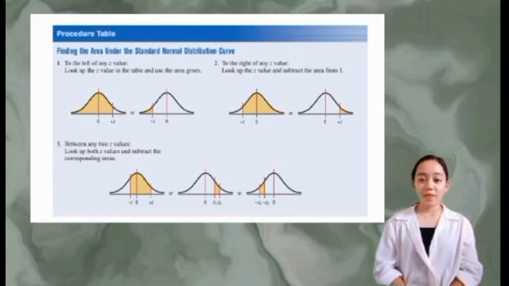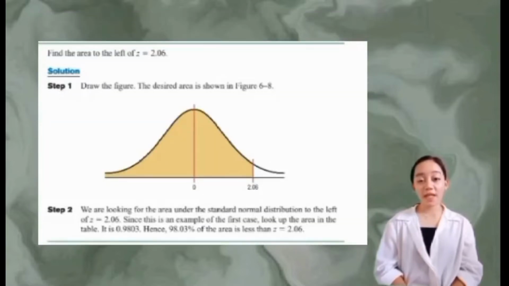Case 1. To the left of any z value, look up the z value in the table and use the area given. Here is an example for problem 1. Find the area to the left of z equal to 2.06. Since this is an example of the first case, look up the area in the table.